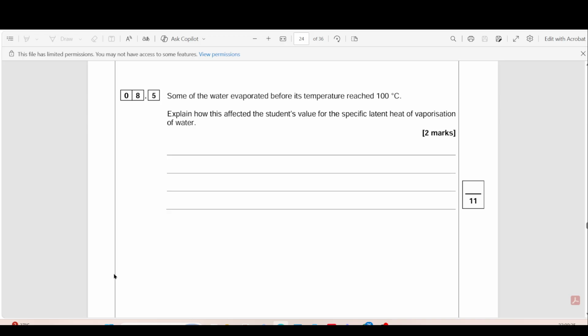The calculated value of specific latent heat will be too low, because the measured change in mass will be larger than the mass actually evaporated by the heater's energy alone, right? So the measured change in mass is too high for the energy supplied, and the student's value of latent heat is too low.